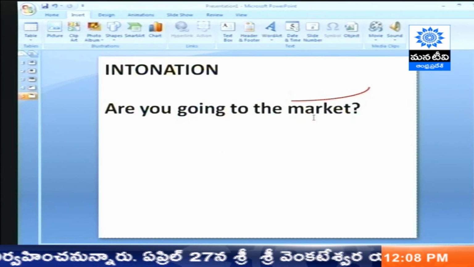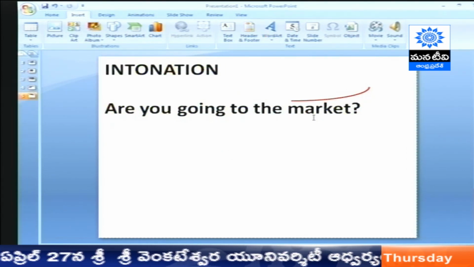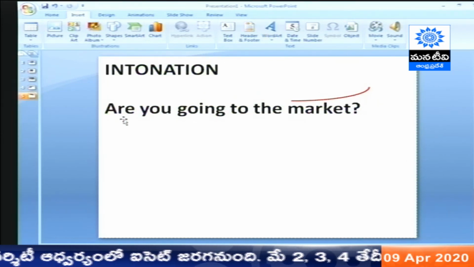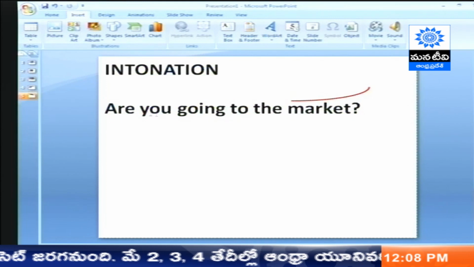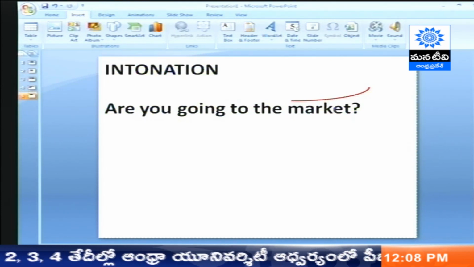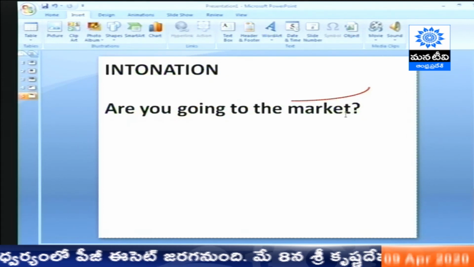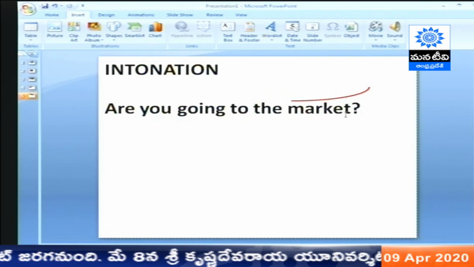So this particular word, the last word in the question, are you going to the market? Are you going to the market? Now, are you going to the is flat. Are you going to the market? This is going up because the last word denotes that it's a question.